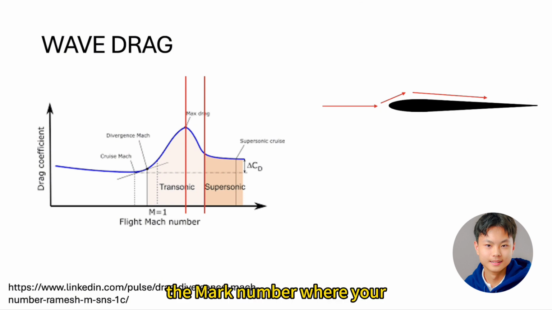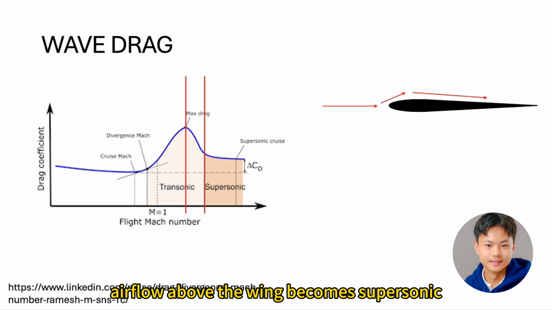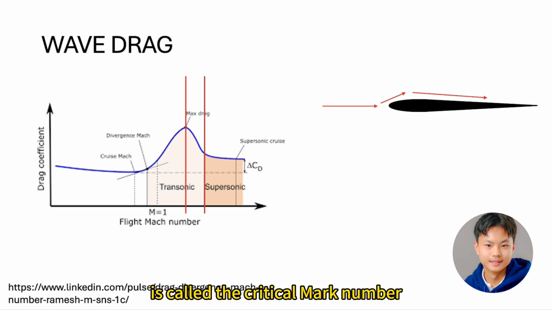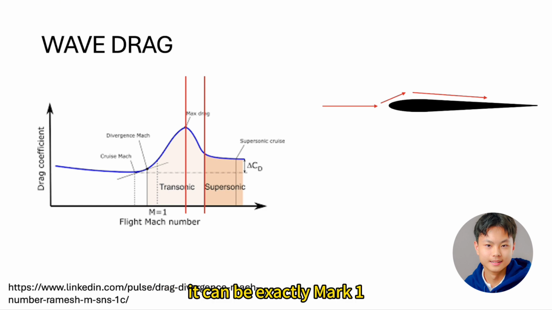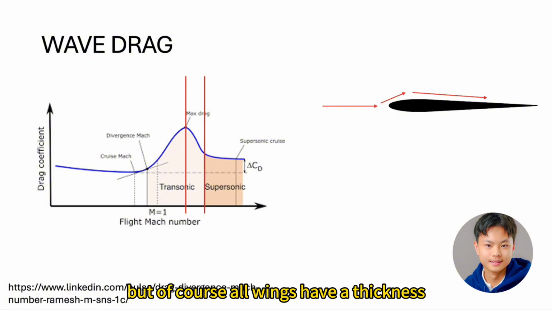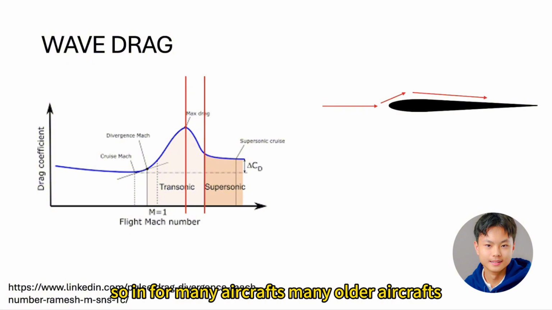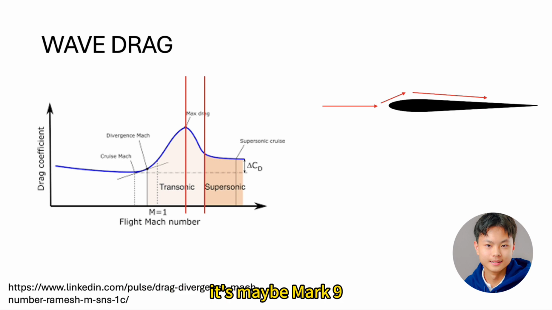The Mach number where your airflow above the wing becomes supersonic is called the critical Mach number. Theoretically, if your wing is infinitely thin, it can be exactly Mach 1, but of course all wings have a thickness, so for many older aircraft, it's maybe Mach 0.9, or around that area.